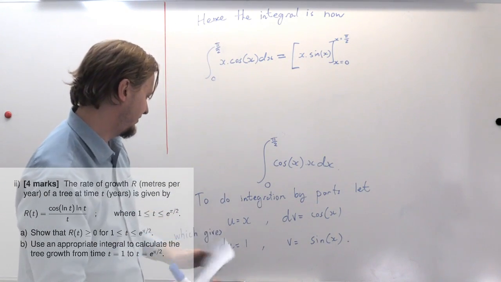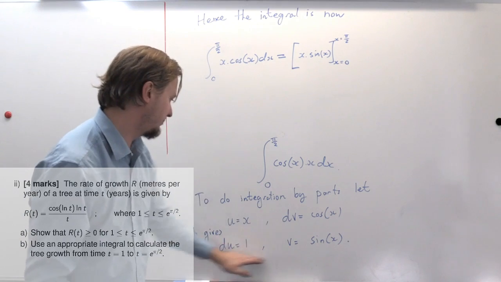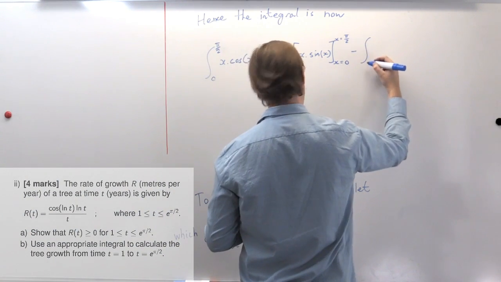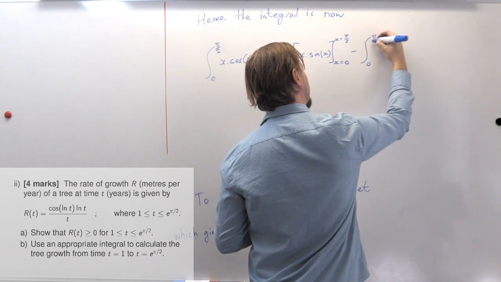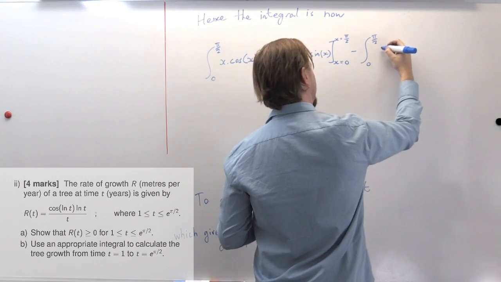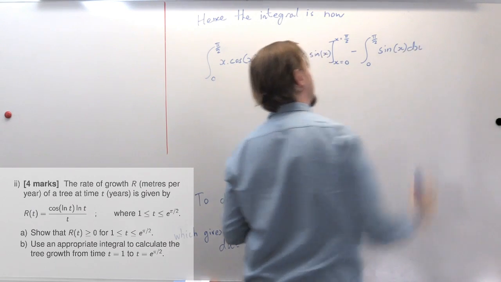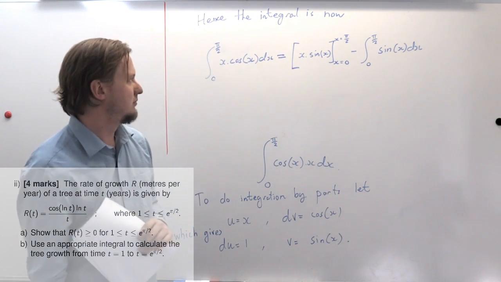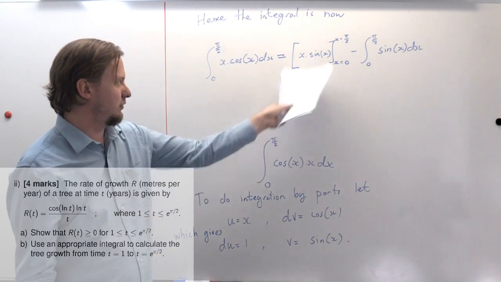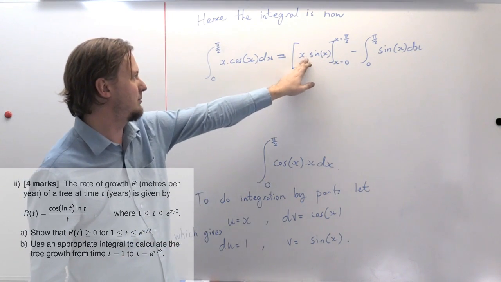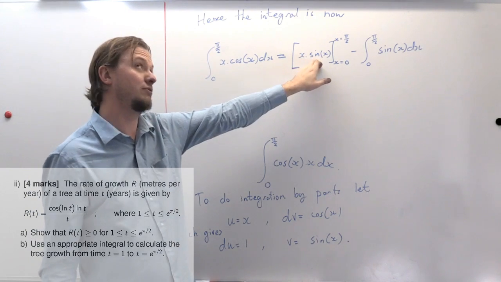And integration by parts says minus the integral of this product. So minus the integral from 0 to pi over 2 of just 1 times sine x, so sine x dx. Now this first one we can just plug in the limits and see what happens. So the upper limit is going to give me pi on 2 times 1.